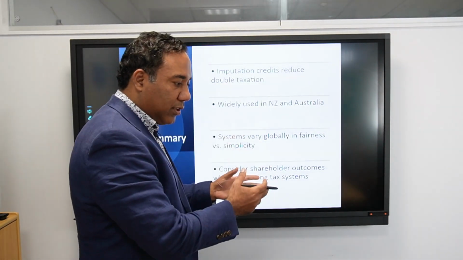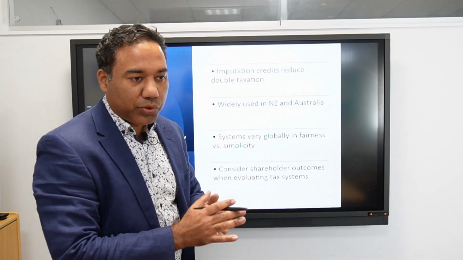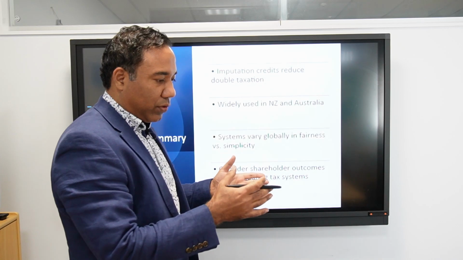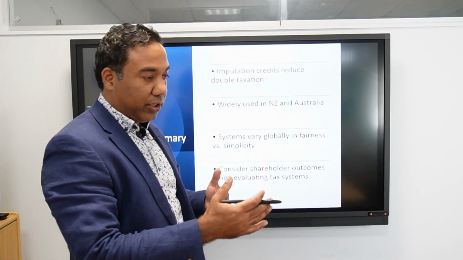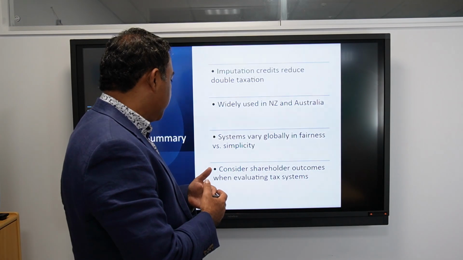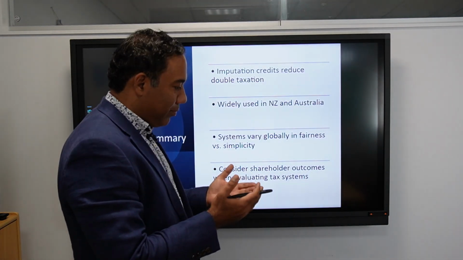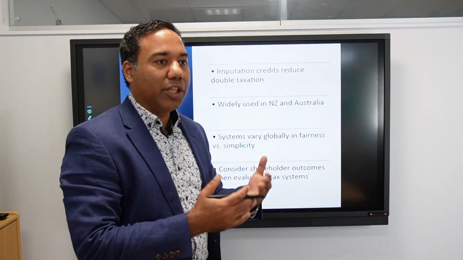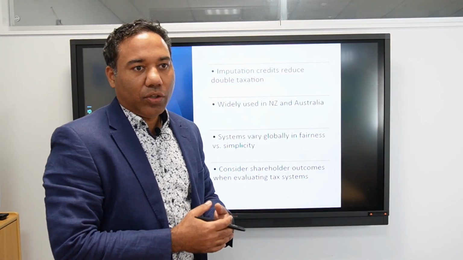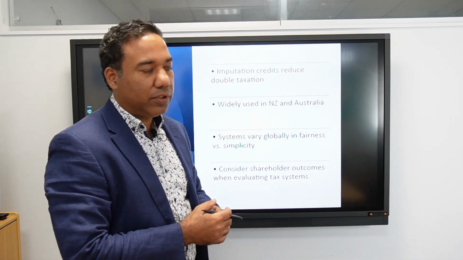One is fairness, the other is simplicity. The USA and Japan go for more simplicity, whereas New Zealand, Australia and Canada go more towards fairness. It considers shareholders' outcomes when evaluating tax systems. Both systems are equally okay, depending on what objective we want to achieve out of it.